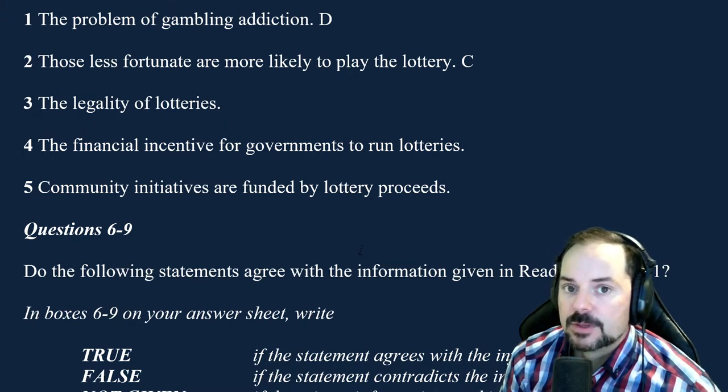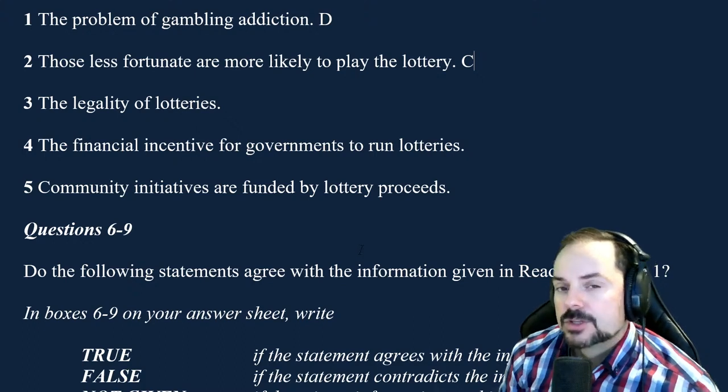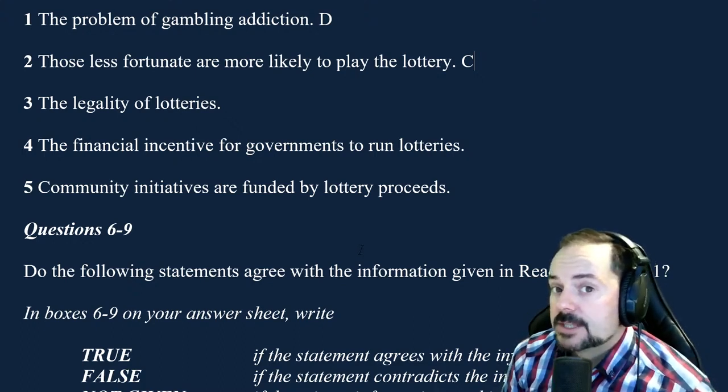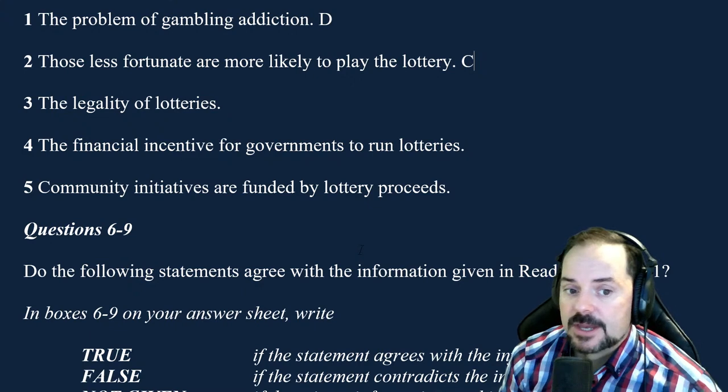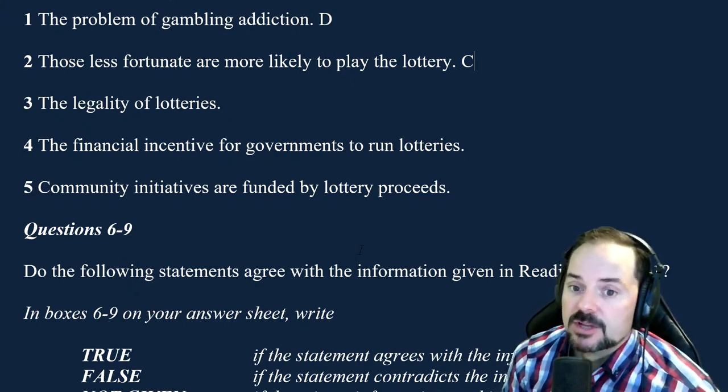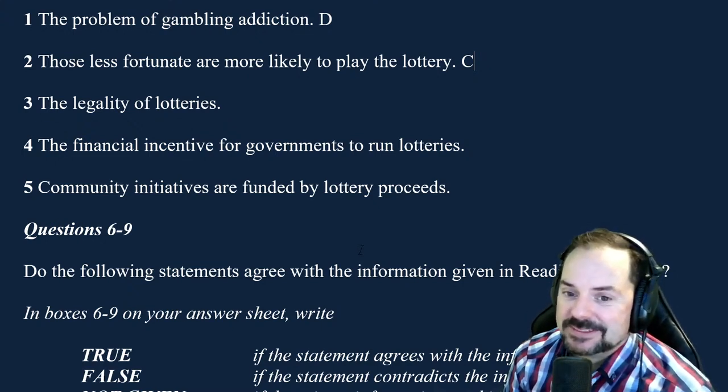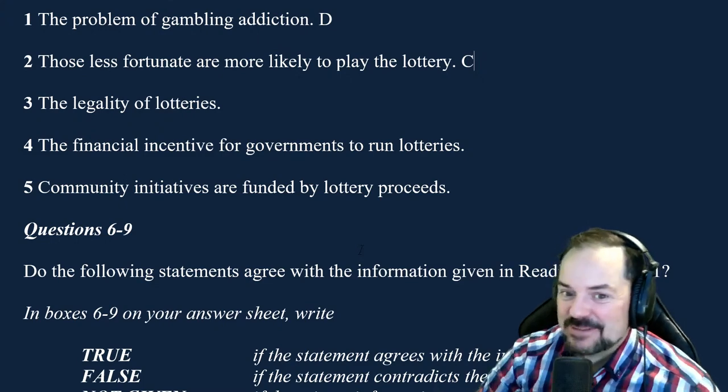Would it be somewhere in the introduction, the body paragraphs, or the conclusion? I guess somewhere in the conclusion. So you're telling me that you would write a whole essay about lotteries, and then in the conclusion, you would tell the reader that, oh, by the way, lotteries are illegal, so don't worry about playing it anyway. It's in the introduction, right? That's where it would make the most sense.